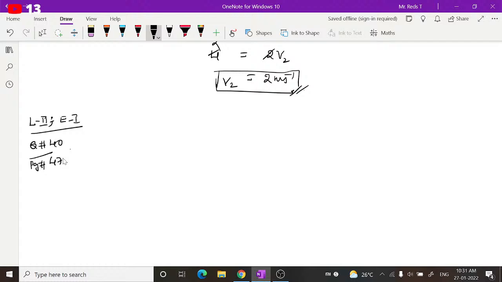Now we are asked to find the ratio between the relative velocity of approach to the relative velocity of separation in the second collision. This one you are asked to find.